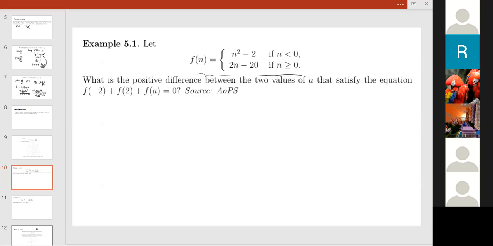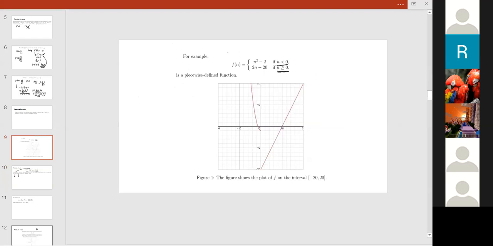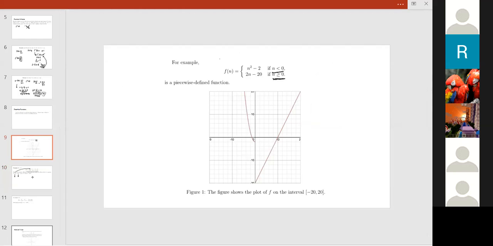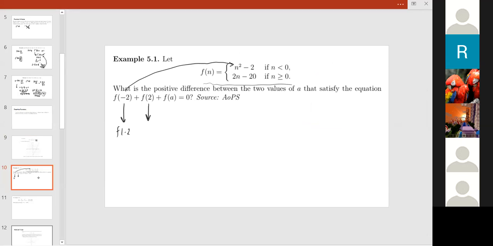To solve this equation, we first need to find the value of f of negative 2 and f of 2. So negative 2 is less than 0, which means we want to use this part of the piecewise function. So we get f of negative 2 equal to negative 2 the whole squared minus 2, which is 4 minus 2, so that's 2. Then we have f of 2.